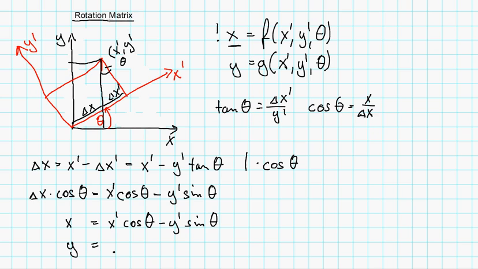I just give you the result for this one: y is x prime times sine of theta plus y prime times cosine of theta. You see already here the shape of these equations.